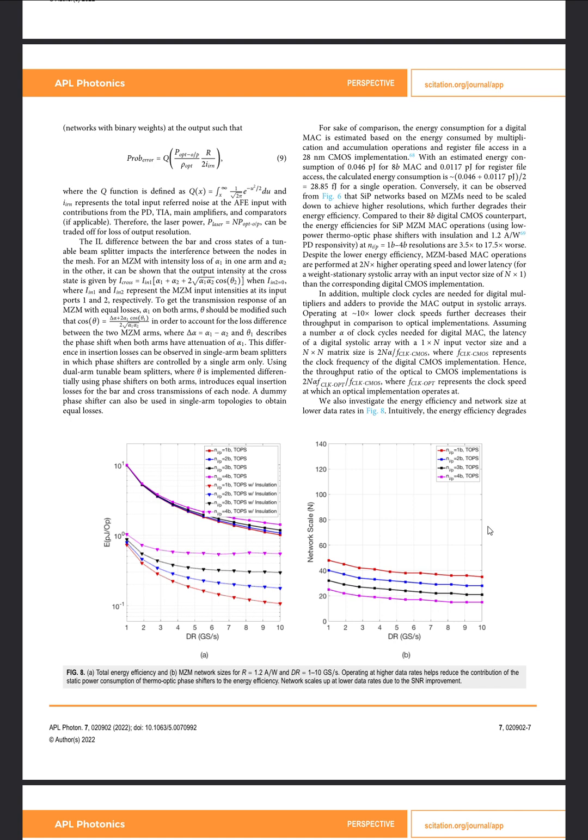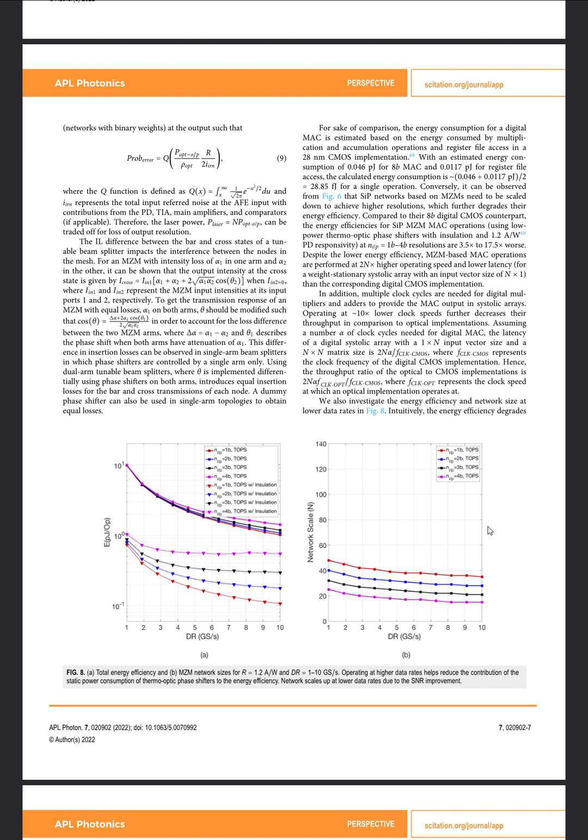Mach-Zehnder modulator-based multiply accumulate operations are performed at 2 times the input times higher operating speed and lower latency and weight stationary compared to digital CMOS, and multiple clock cycles are needed for digital multipliers and adders and systolic arrays, and operating at around 10 times the lower clock speed further decreases throughput in comparison to optical implementations.